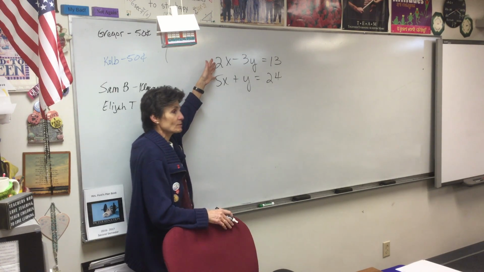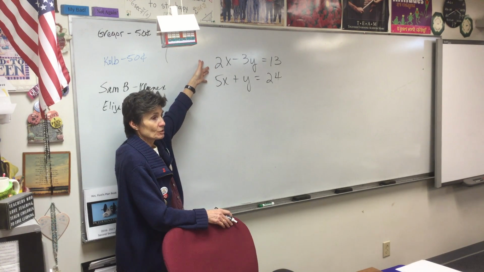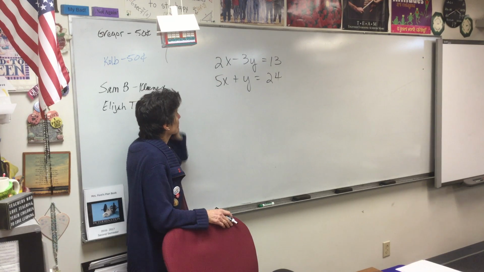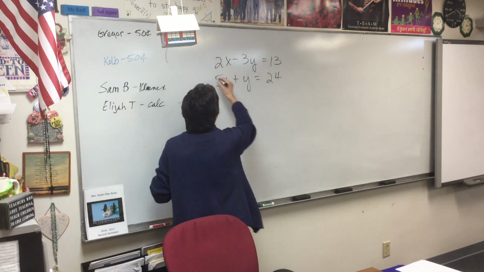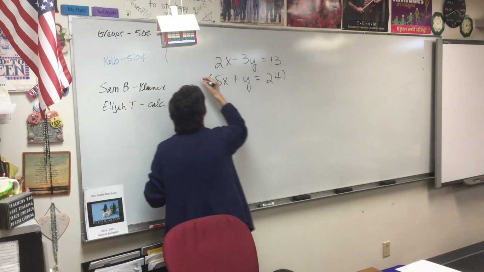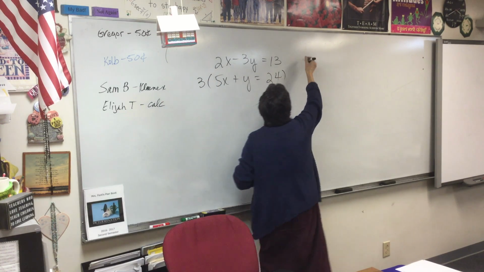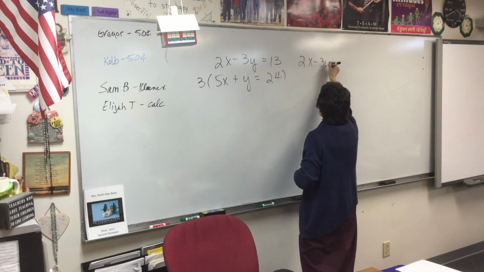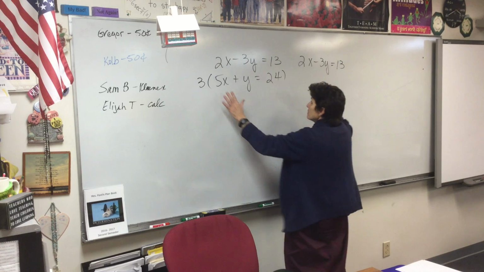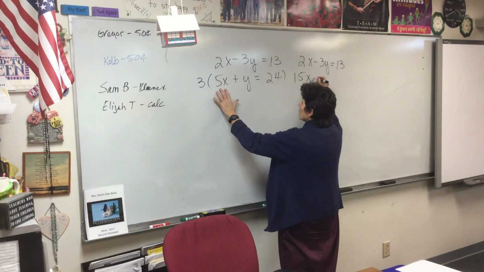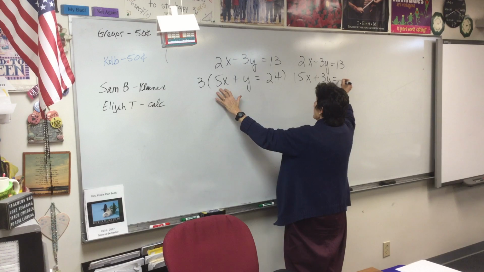All right, who remembers how we do this? Shelley? So one option would be to multiply the bottom equation by 3. So the top equation stays the same, and the bottom equation we are going to multiply by 3.